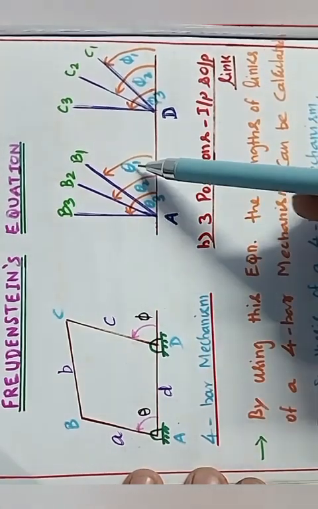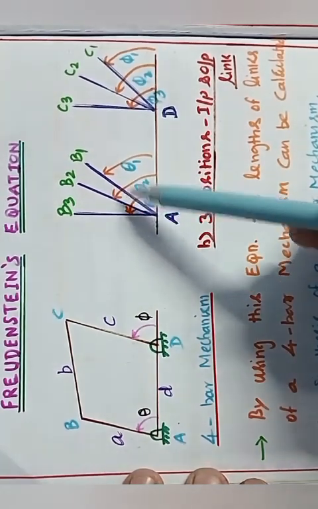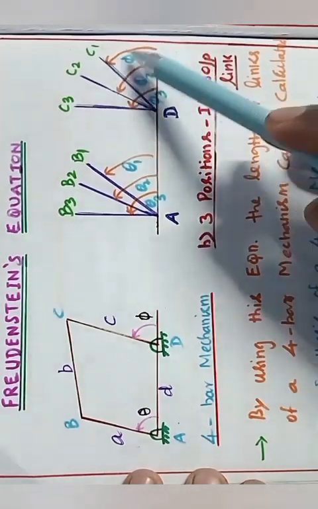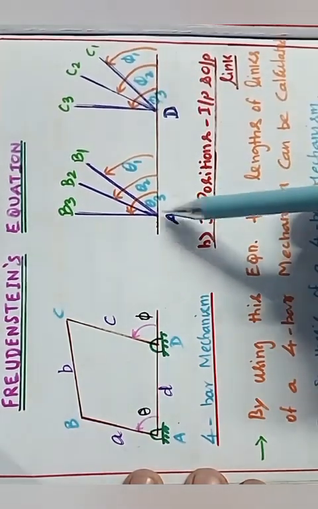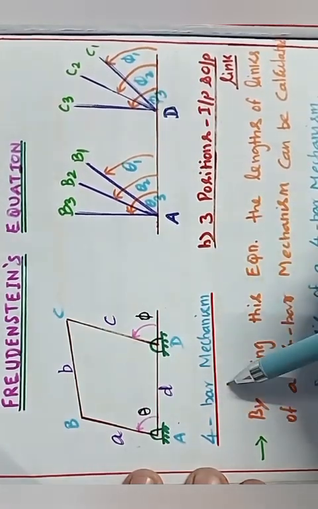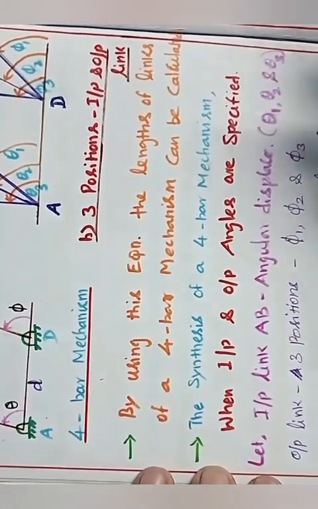As you see, theta 1, theta 2, theta 3 are the three different positions of the input link, and the same for phi 1, phi 2, phi 3 for the output link.